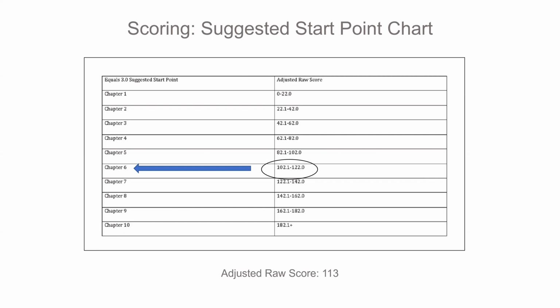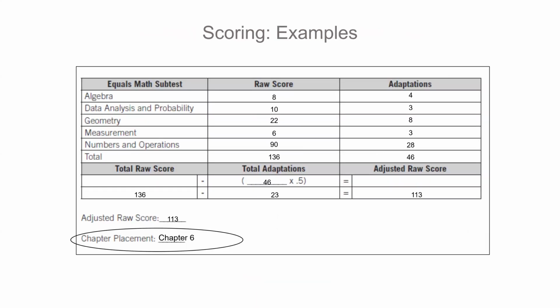So 113 fits right within that range. Write Chapter 6 as the chapter placement. At this point, you would expect your student to begin in Chapter 6. However, the exact starting point in Chapter 6 will be determined by taking a closer look at the test items and the scores of your student and other students to find a reasonable common placement to form groups.